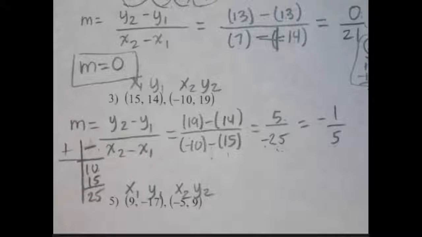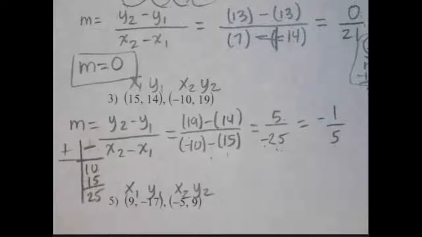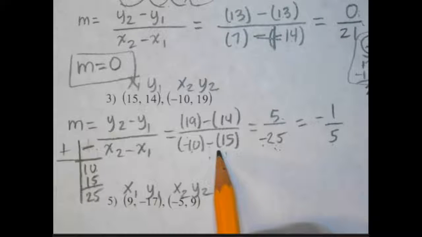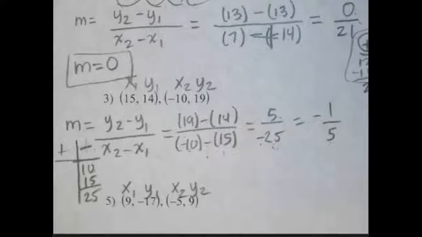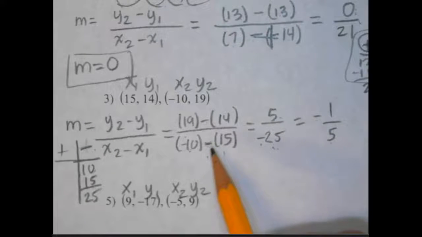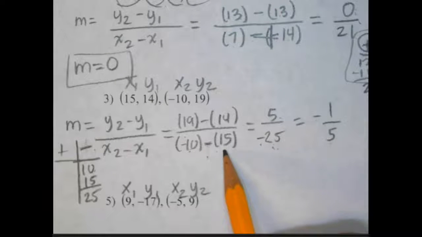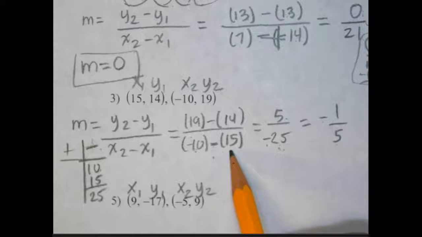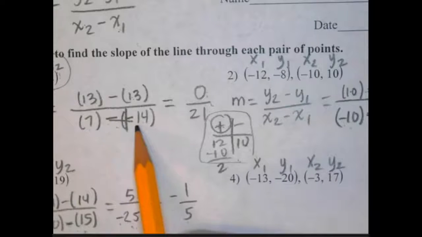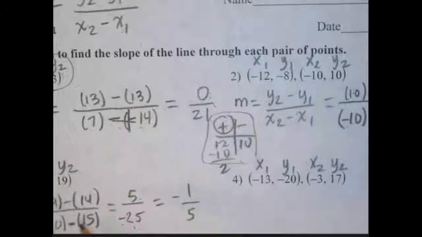Okay. Does that make sense? Did I answer your question? This is minus 10 minus 15. It becomes a negative with that minus in front of it. Remember, I tell you, the operation in front is going to tell you if it's a positive or negative number. Okay? Since here we have negative minus a negative, it becomes a positive.